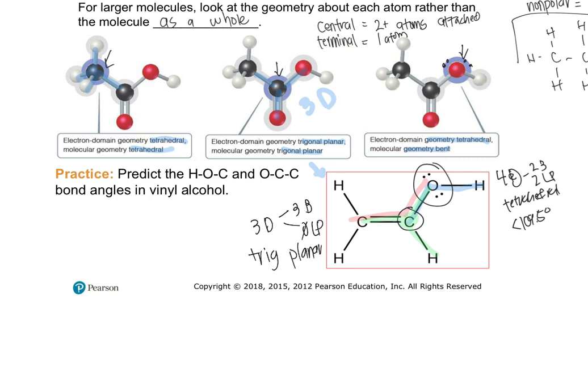And we're looking at the bond angle between those. So you could definitely say 120, but keep in mind there is that double bond there, which is going to take up a little more room, and so it's actually going to make this bond angle a little bigger and then squish these 2 together. So this one we would actually say is a little bit greater than 120. But again, those are a little bit more into the specifics and details. As long as you are getting that it's about 120, you are good.